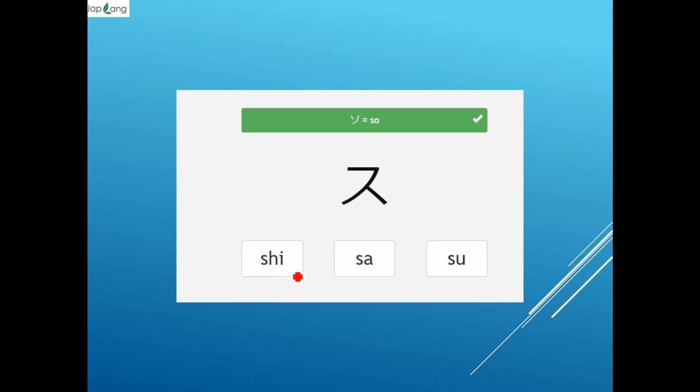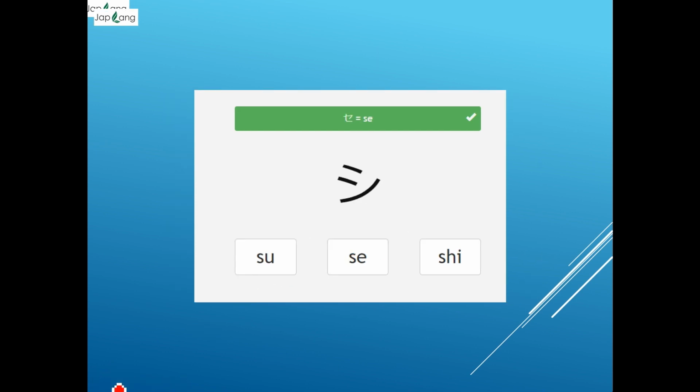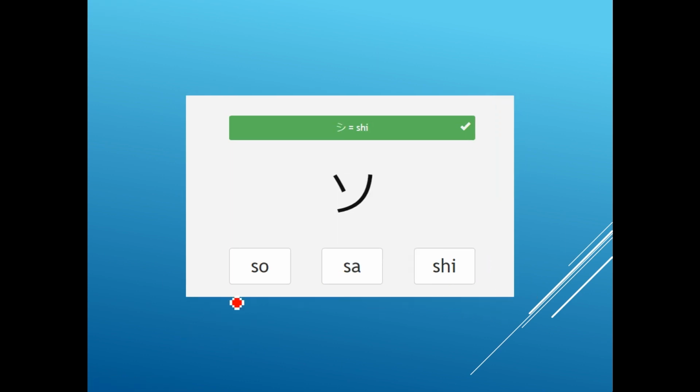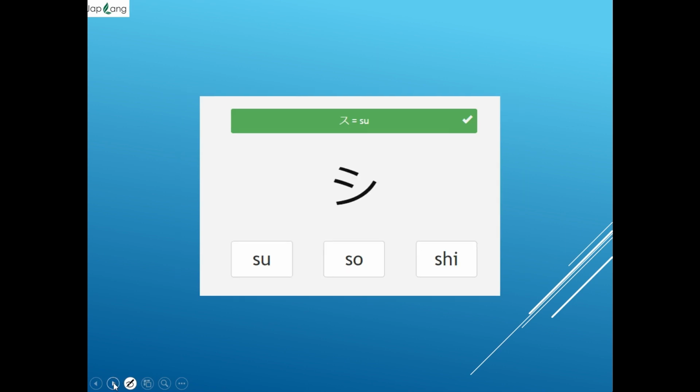Next is su, and the next character is se. Next is shi. Next is so. Next is su. This is shi.